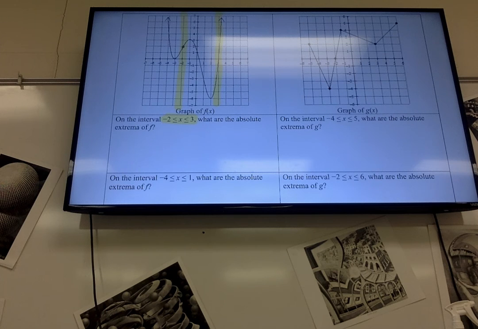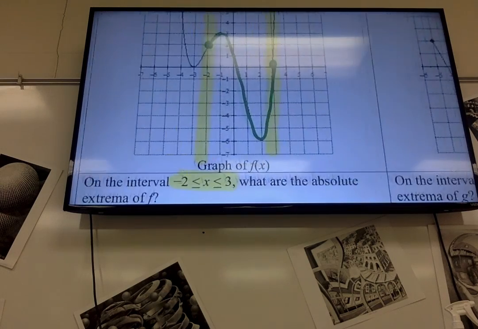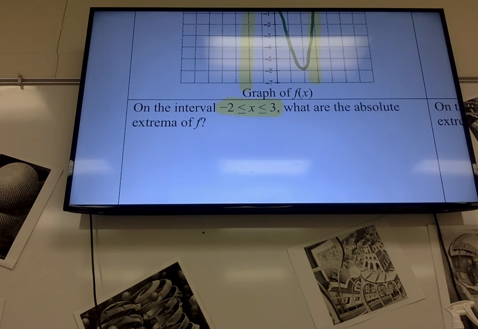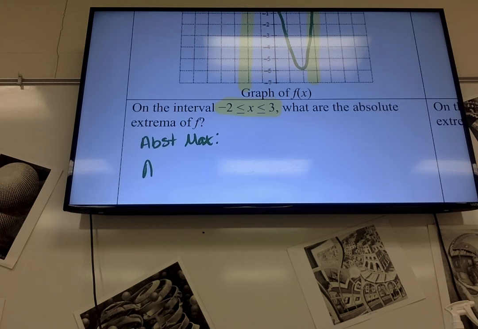So here to there. And it includes the endpoint, so that's why I actually put those dots there. So that's all we're going to look at. So looking at that, I want you to write down what you think the absolute extrema are. So that would be absolute max and absolute min, if there are any.